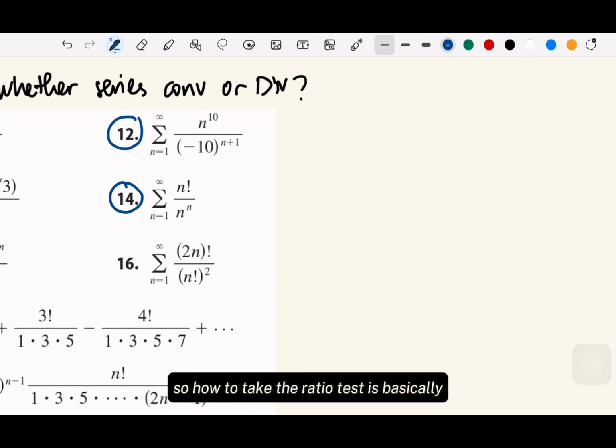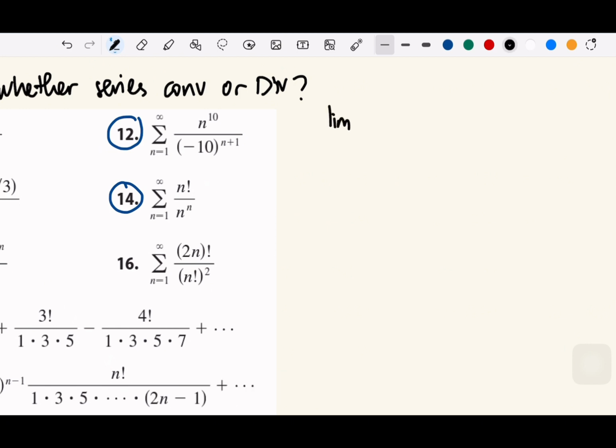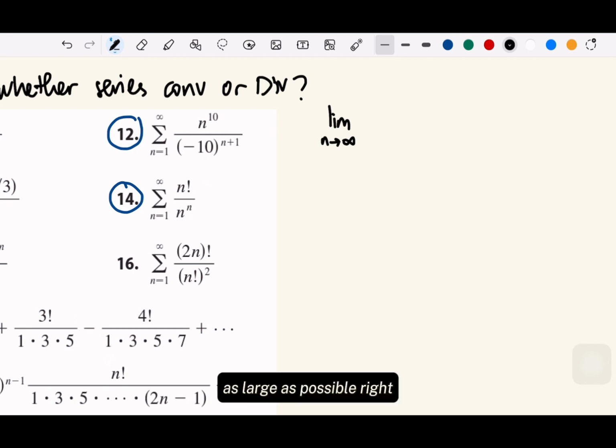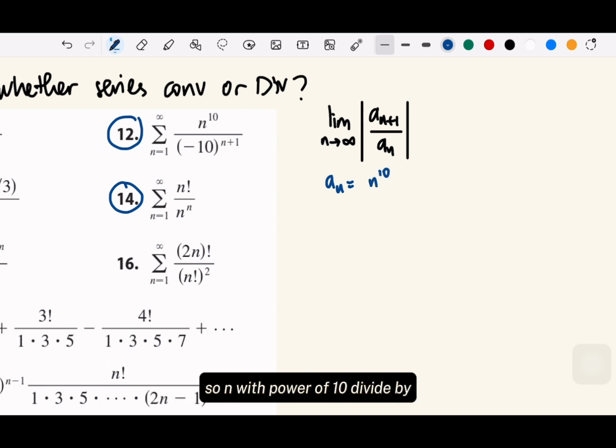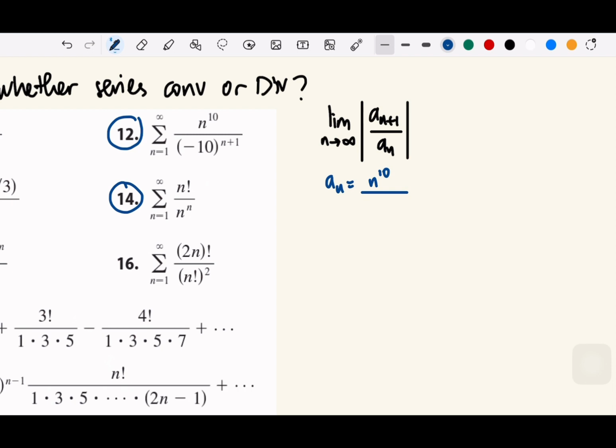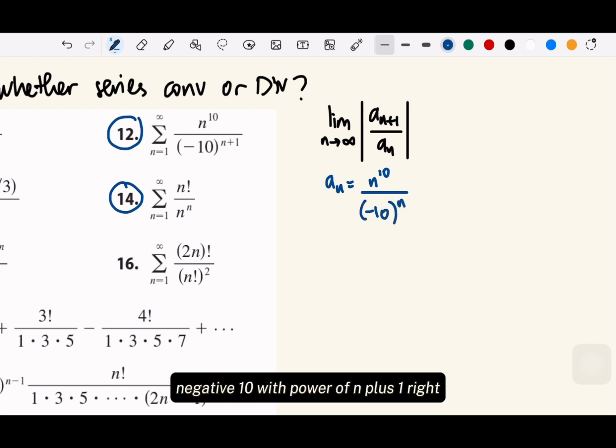So how to take the ratio test is basically you are going to take the limit, and take n as large as possible, right? And then take this ratio between a_{n+1} over a_n. And suppose that our a_n is based on the question here: n with power of 10 divided by negative 10 with power of n plus 1.